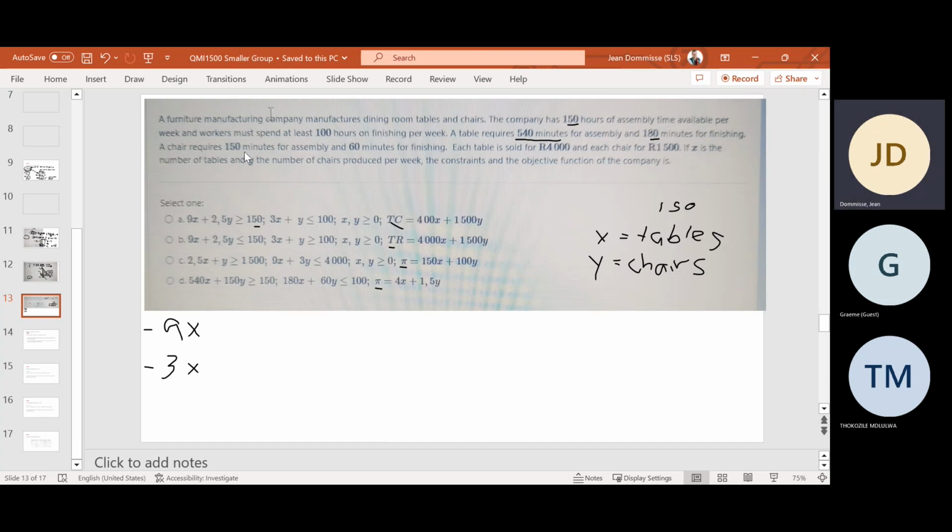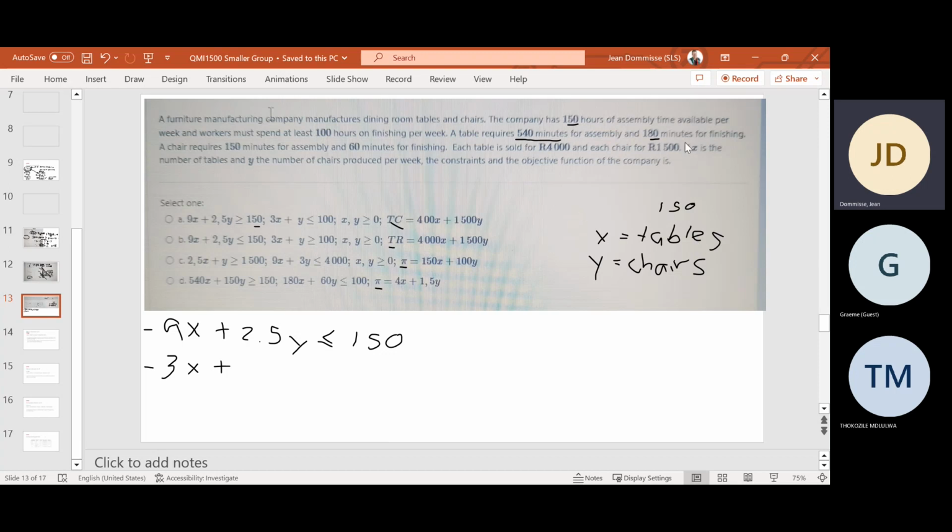The chair requires 150 minutes for assembly. 150 divided by 60 is 2.5, so 2.5y. The company has 150 hours of assembly, so basically we know that it must be smaller or equal to 150.